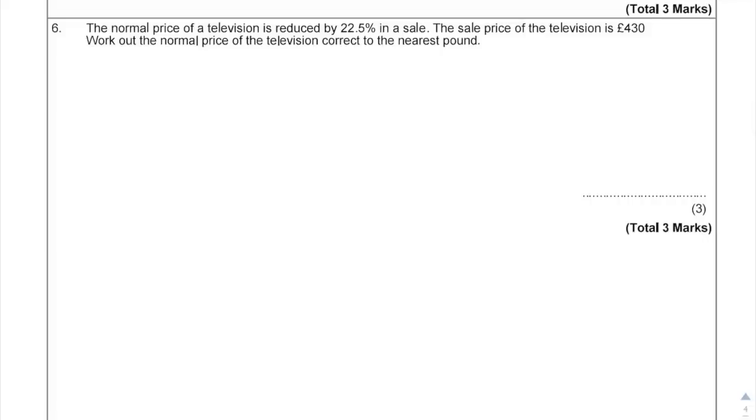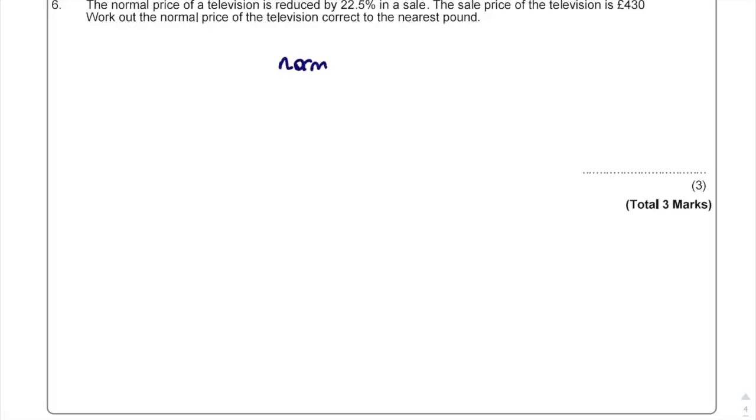Okay, so we know that the normal price represents 100% of the price of the television. We know what the sale price is. So the sale price is when the television is reduced by 22.5%.